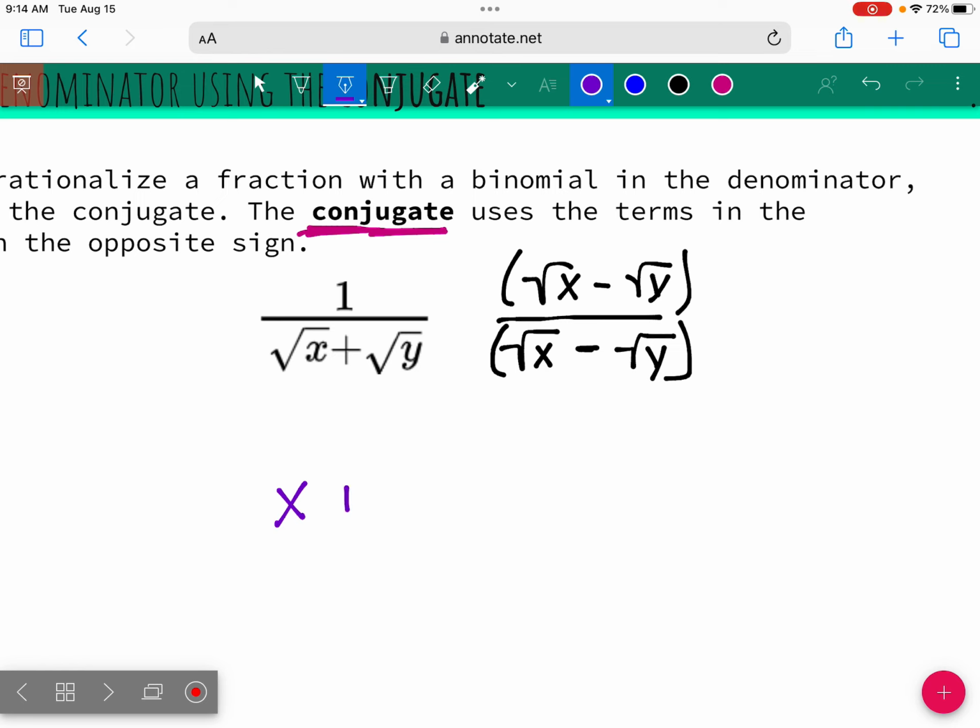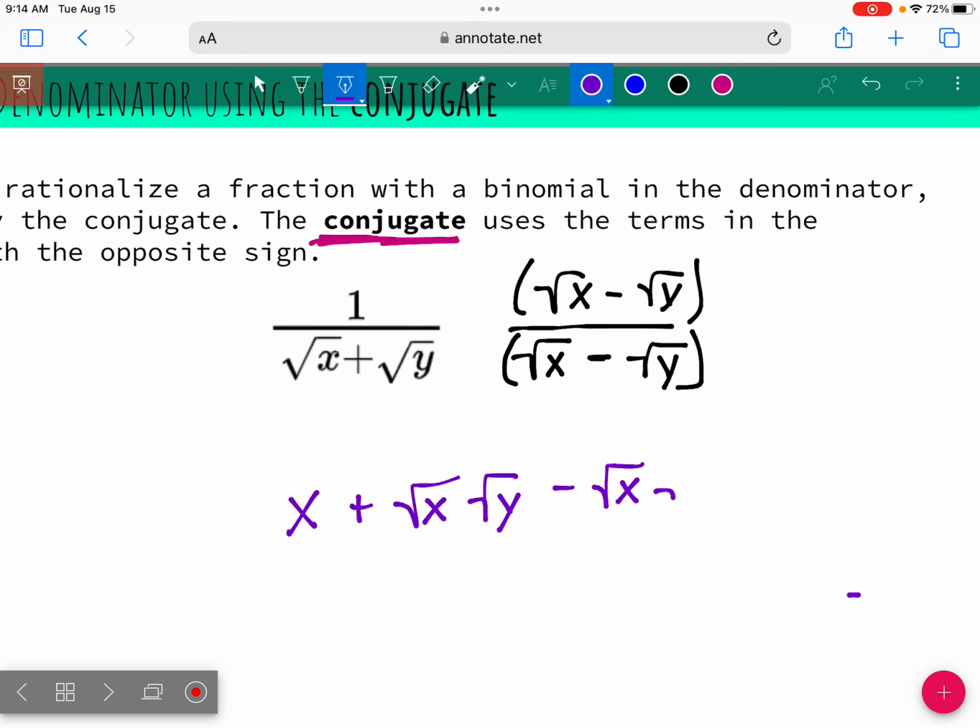We'd have square root of x times the square root of y minus square root of x times the square root of y, minus y. You see what's going to happen with the square root of x square root of y? Those guys cancel out. Square root of y times square root of y is just y.